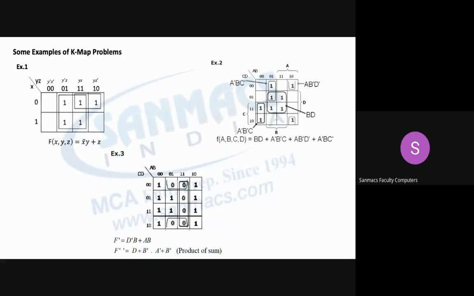And then we have this one remaining one, which is in the 4th column and 1st row. You can always have a repeated term instead of having one term with more variables. So the preference is to have the least variables in a particular term.